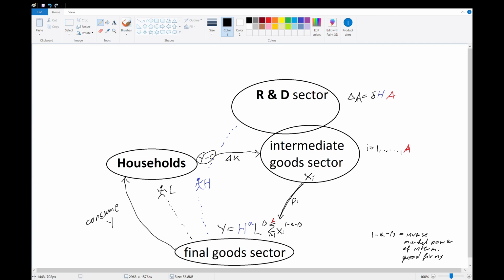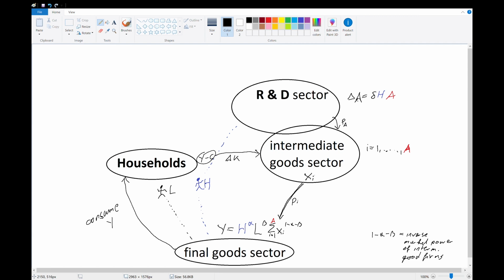So we also have an interest rate in the model, because the households can save here, can lend money, because the intermediate goods sector needs two things. It needs the design from the research and development sector, and it needs this capital, which is basically a transformation of unused final goods. And the designs it's getting from here at a price that we call PA.